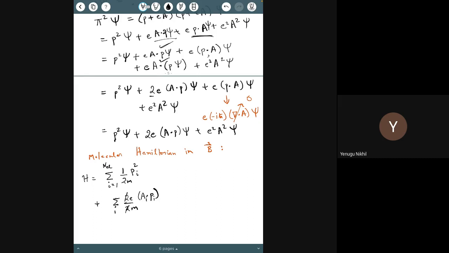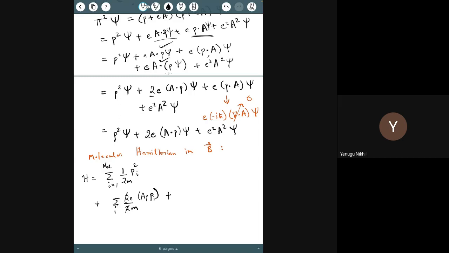I am writing i because A_i depends on the position of electron i. So the electron will interact with the vector potential at its own position. That is why I have the i on the vector potential as well.